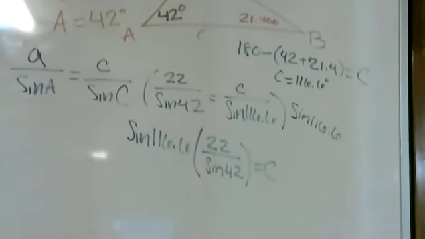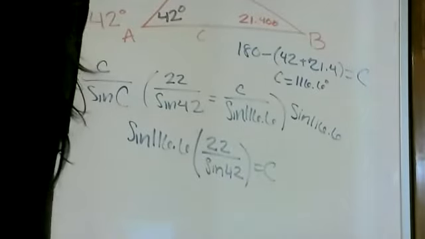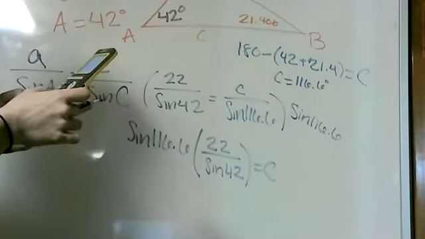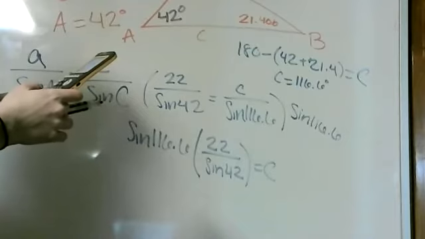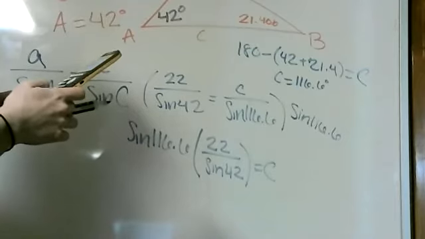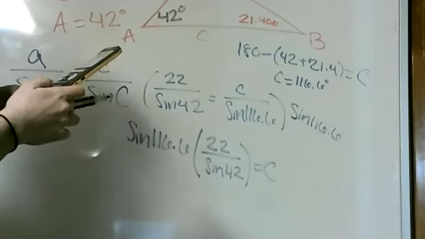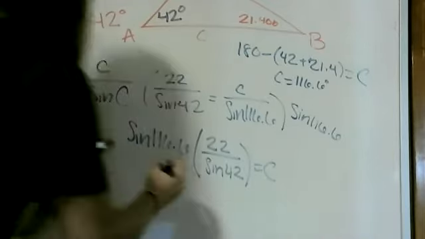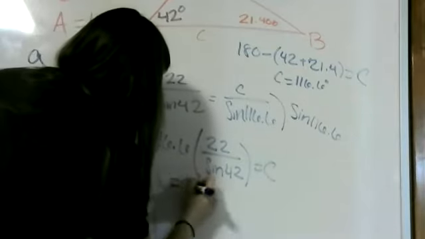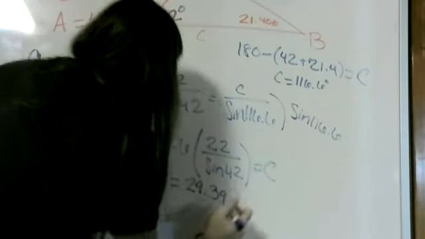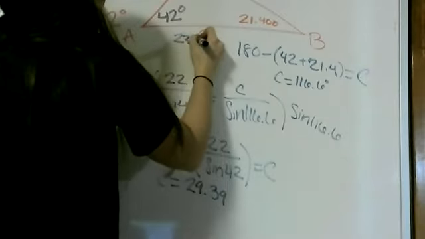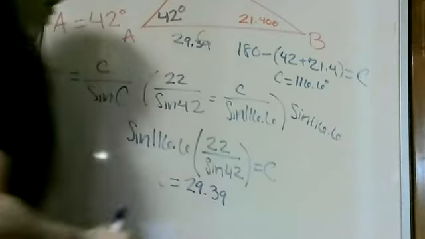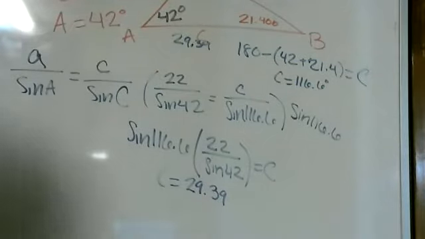So again, plugging that into your calculator to get out this side length, you should get 29.39 for that last side length.